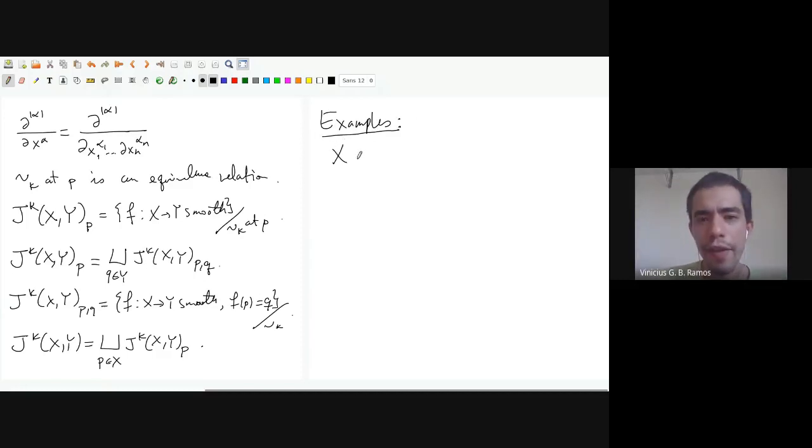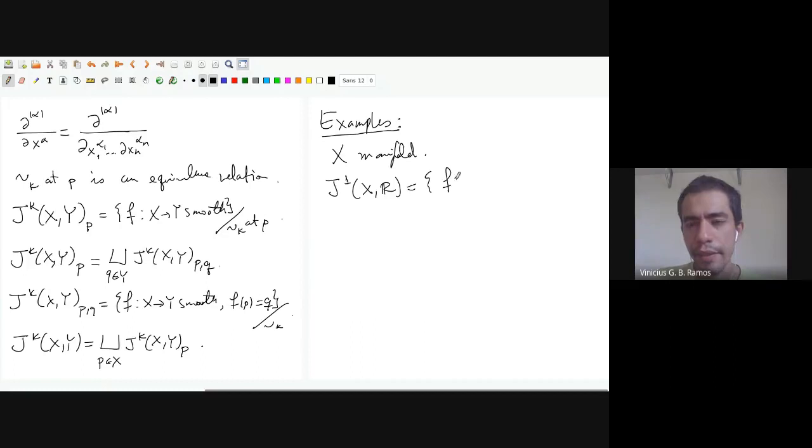So if X is a manifold, what is the one jet space of X, R? Well, this is the set of functions which are smooth, modulo this equivalence relation.